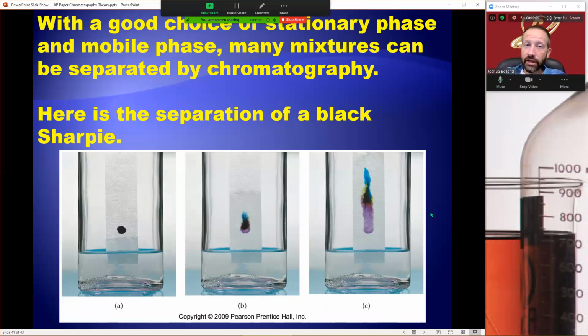Okay, here it is with Sharpie. Black Sharpie. So you can see all the colors in black Sharpie. I put this picture here because what I wanted to point out is that water? Well, we call Sharpie permanent markers, not because it's permanent. I mean, all chemists know how to get rid of things. There's no such thing as permanent in chemistry.